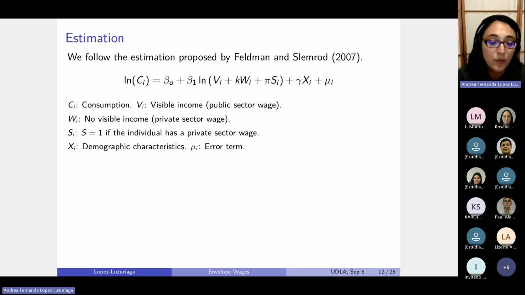So the visible income will be my public sector wage, and the non-visible income will be the private sector wage, because there may be a chance that the private sector wage may not be fully reported. And then I have a dummy there in case there is a systematic difference between the private sector and the public sector wage. So there will be a constant term there. And then I add demographic characteristics to try to balance this preference over consumption.